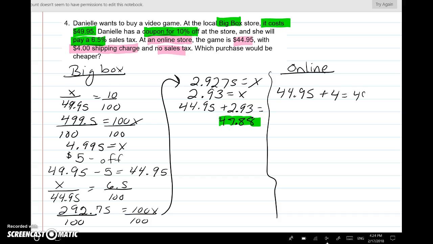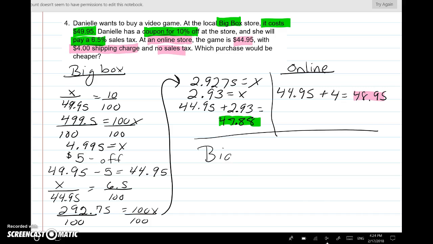And that's going to equal $48.95. So what's cheaper, online or the big box store? Exactly. The big box store is cheaper.